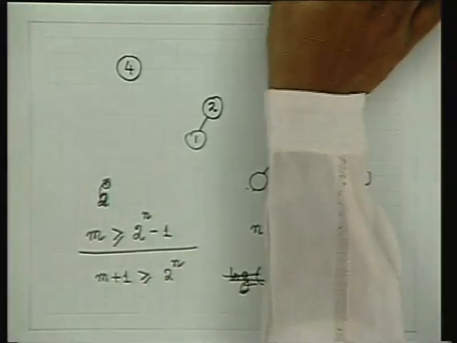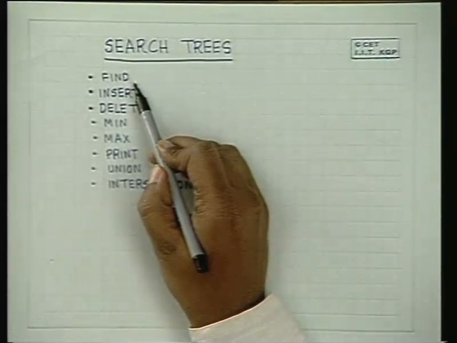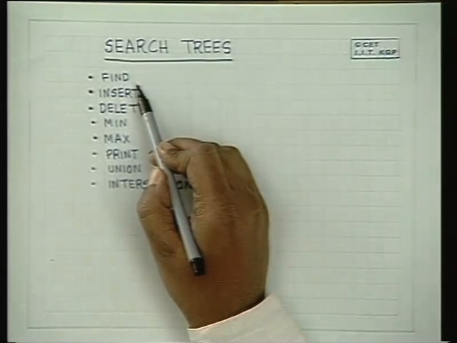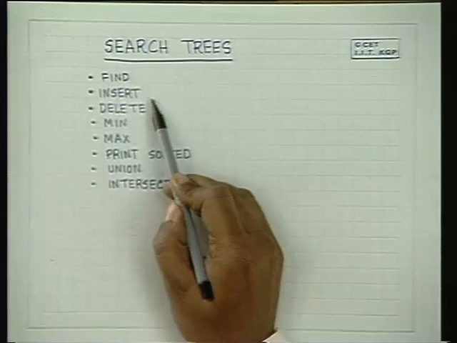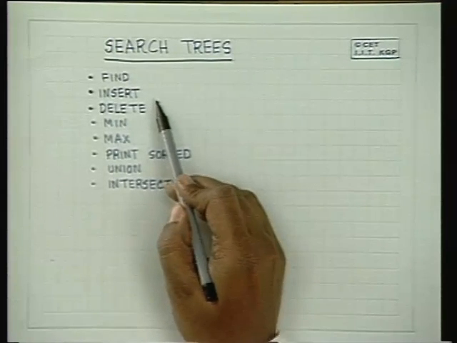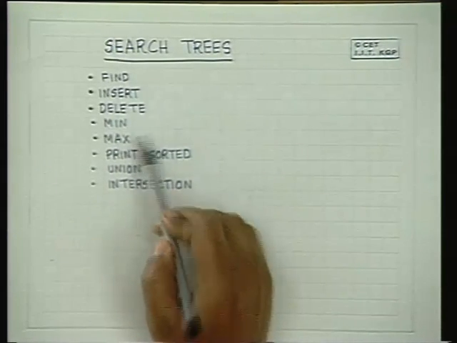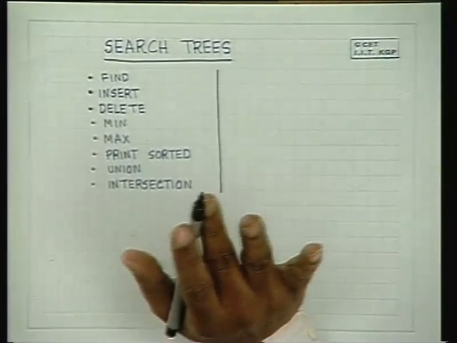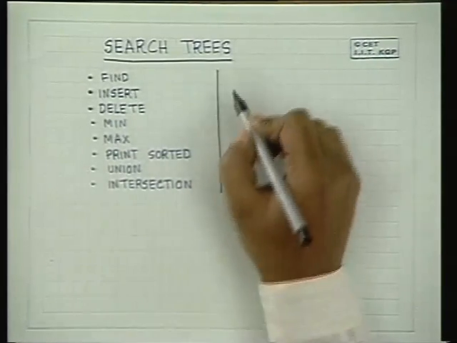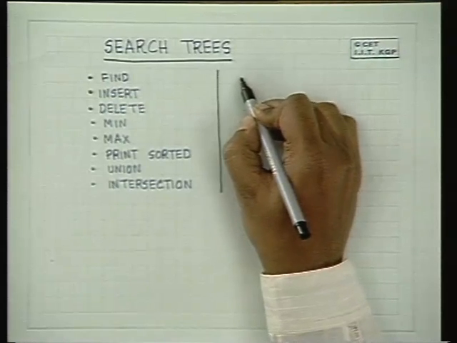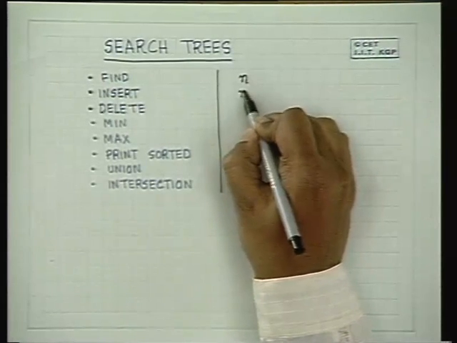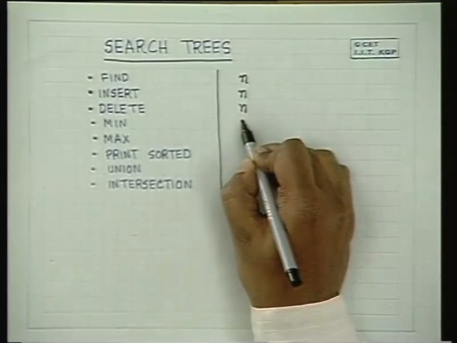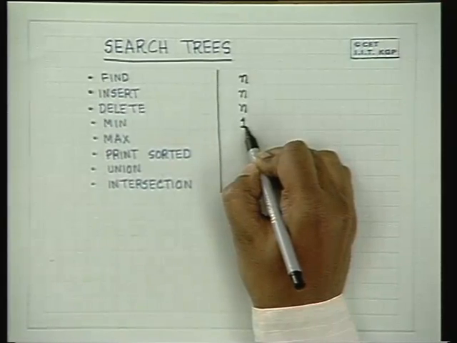So now let us come back to our operations. In the best case, normally find in an ordered list would take order n time, here it will take order log n time, insert should take order log n time, delete should take order log n time, min and max all log n time. This is the best case scenario, this is not the worst case scenario. So in an ordered list it would take n, insert and delete constant time, min and max constant time.